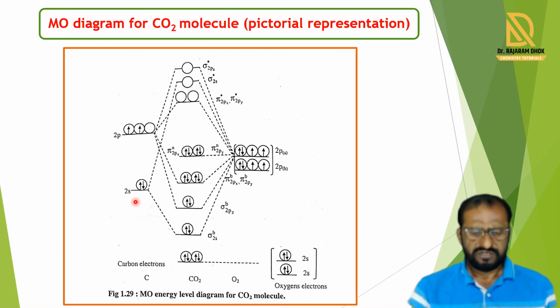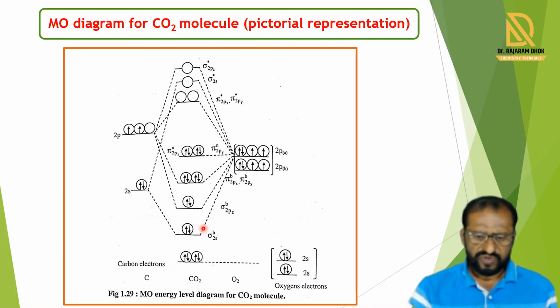Here the 2s atomic orbital of carbon and the 2px atomic orbital of oxygen, when their wave functions are the same, form a bonding molecular orbital, that is sigma 2s. So in this diagram we have shown the notation sigma 2s b.